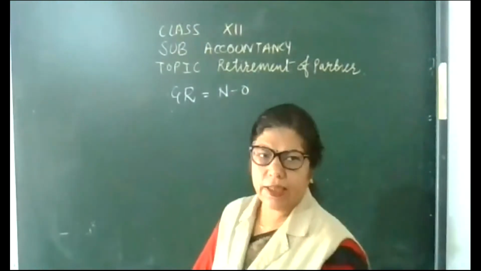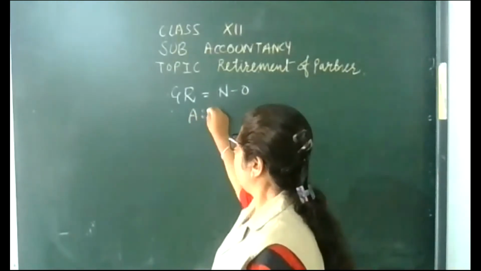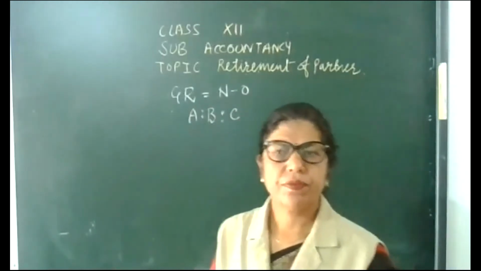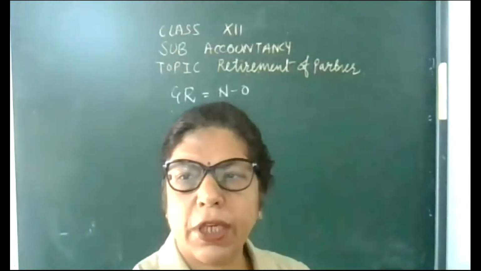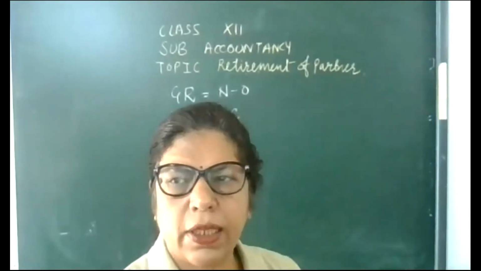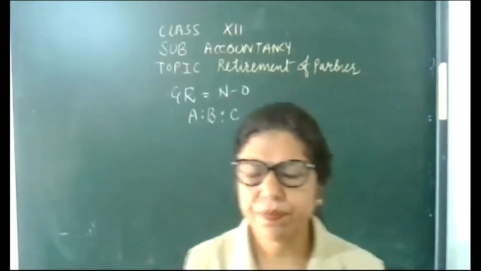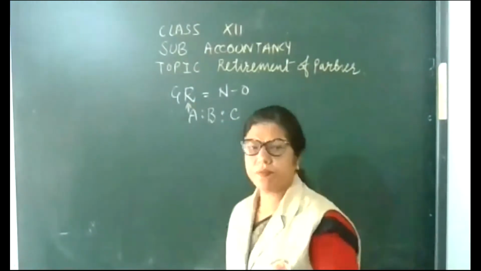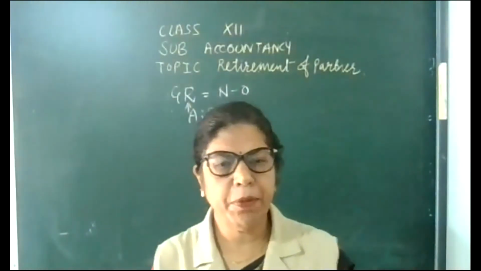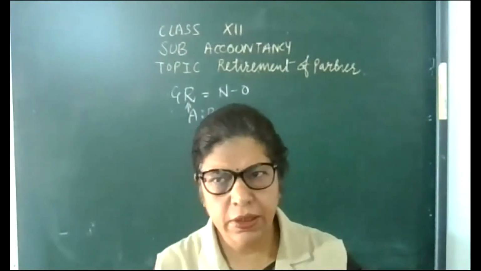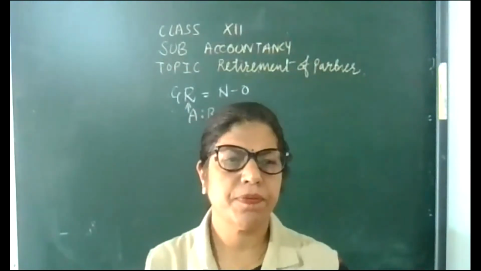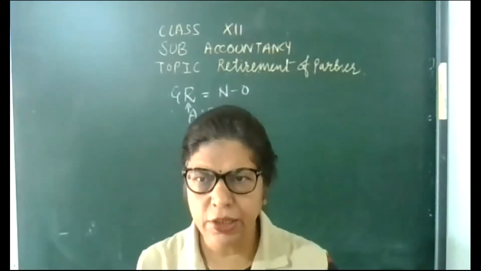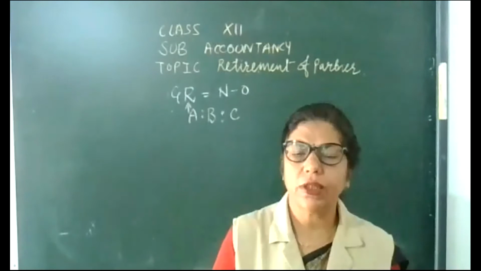First of all, I am giving you the example. A, B, C are partners, and A retires. If you want to note down, you can note it down. In simple language, what will be their gaining ratio and new profit sharing ratio?